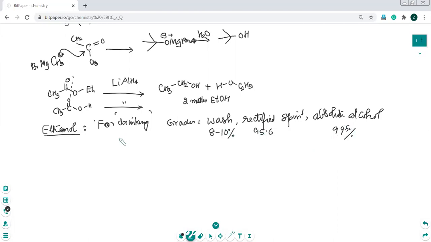Now, what is the method of manufacture? It should be a very cheap method, otherwise it will not be viable. Alcohol is manufactured with the cheapest raw material possible. You must be knowing what it is. It is made from molasses.